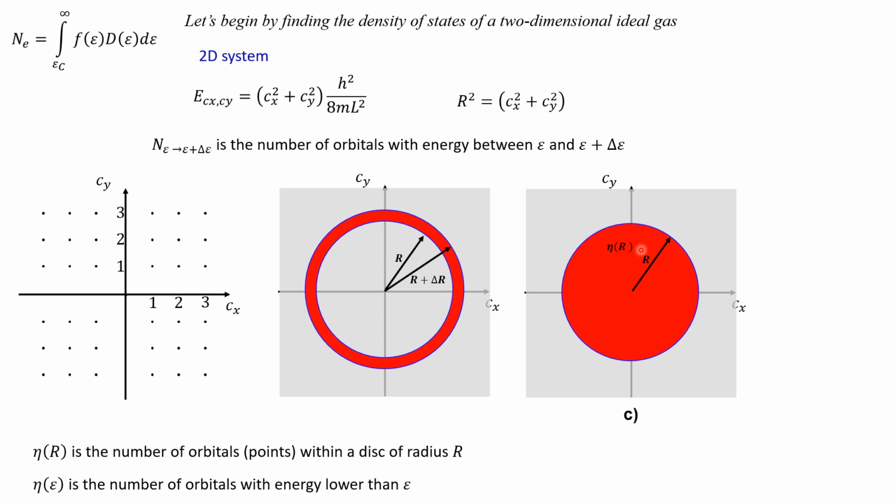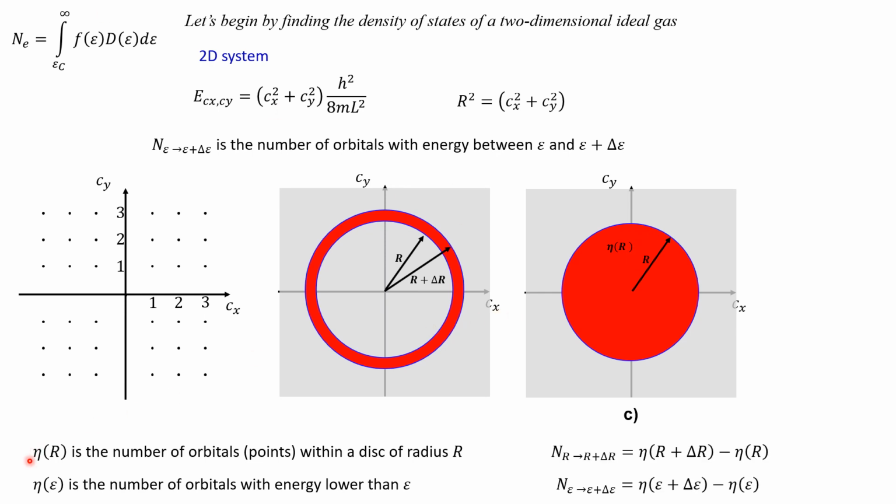So the energy epsilon is the energy associated with the circle that is delimiting the disk. So all the orbitals within this circle will have energy lower than the energy epsilon, because all orbitals will have a distance to the origin that is lower than the distance set by the radius r.